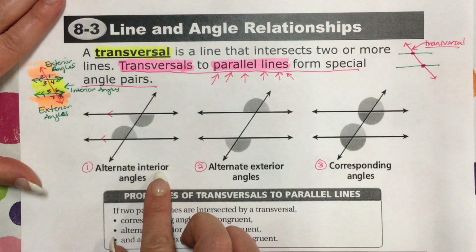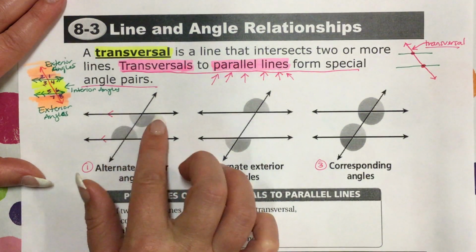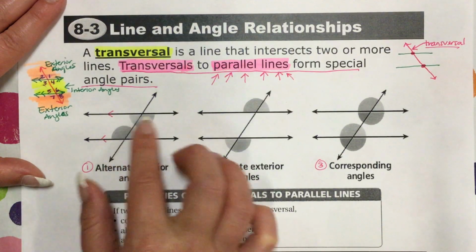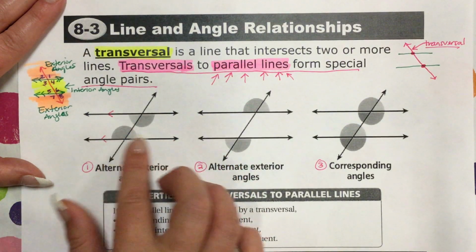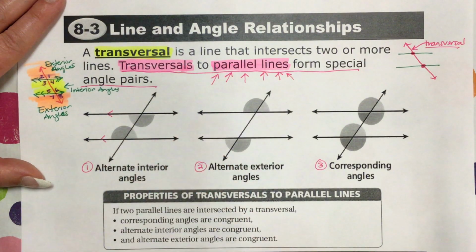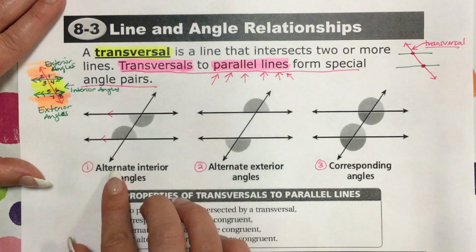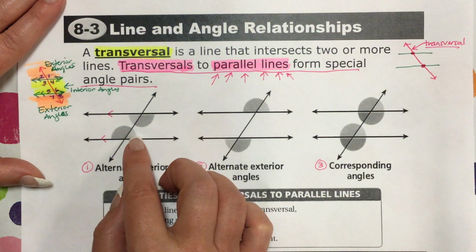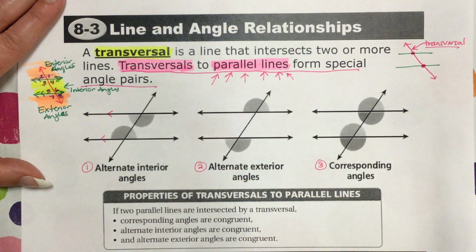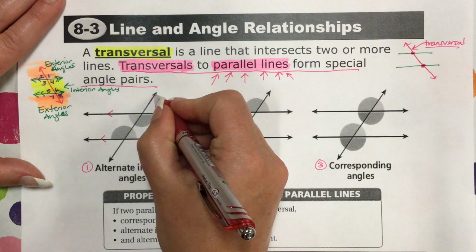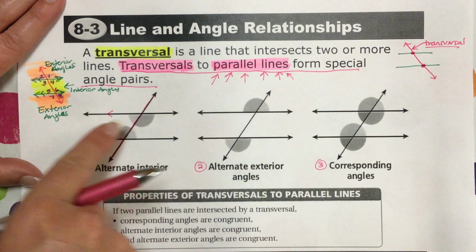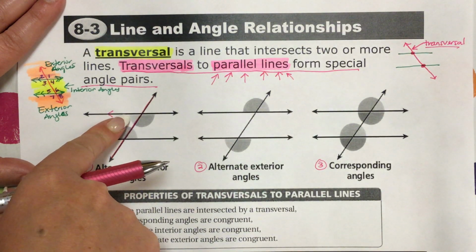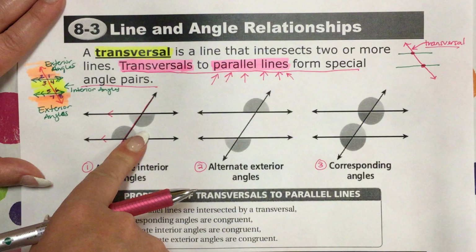So it's talking about interior angles, which means it's only talking about the angles inside the parallel lines. They're inside the parallel lines. Those are interior angles. But it says alternate. Alternate means on alternate sides of the transversal here. So if this is the transversal, alternate would be, if this is on one side, the alternate side would be over here, right?